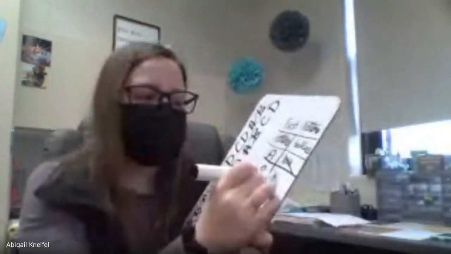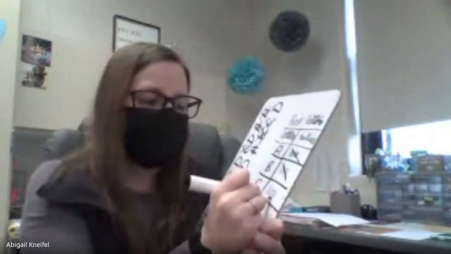I'm going to count my A's first. 1, 2, 3, 4, 5. I have 5 A's, so 5 tallies, 4 across, 1 diagonal. B's, 1, 2, 3, 4, 5. C, 1, 2, 3, 4, 5, 6.